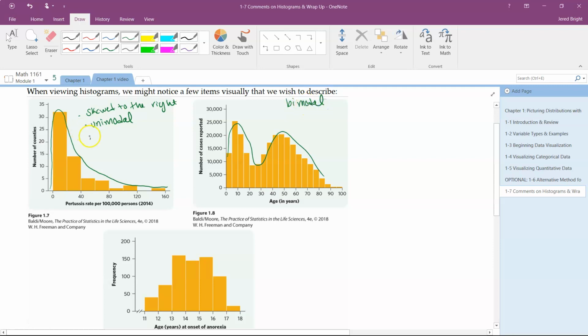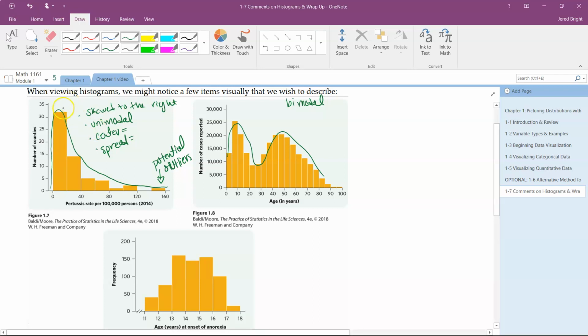You could talk about center. You can talk about spread. And I would say, yes, this one probably is a potential outlier, just because it seems far from everything else. But the center and spread I have to identify. So, this one, your guess is as good as mine.